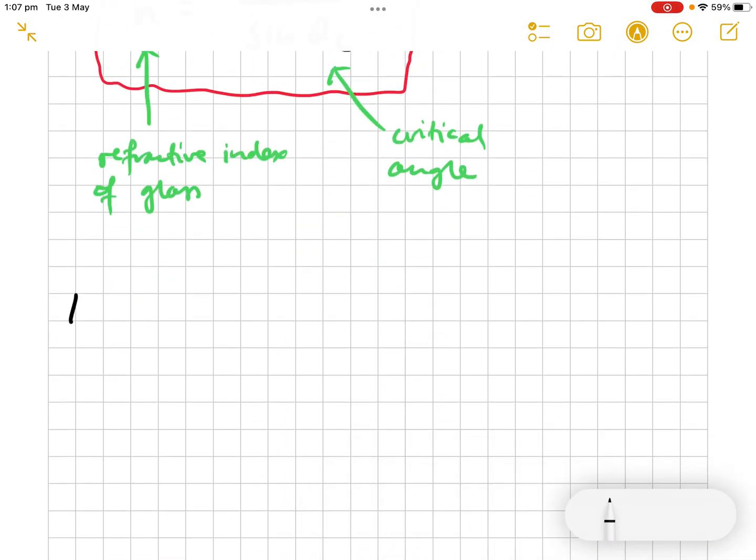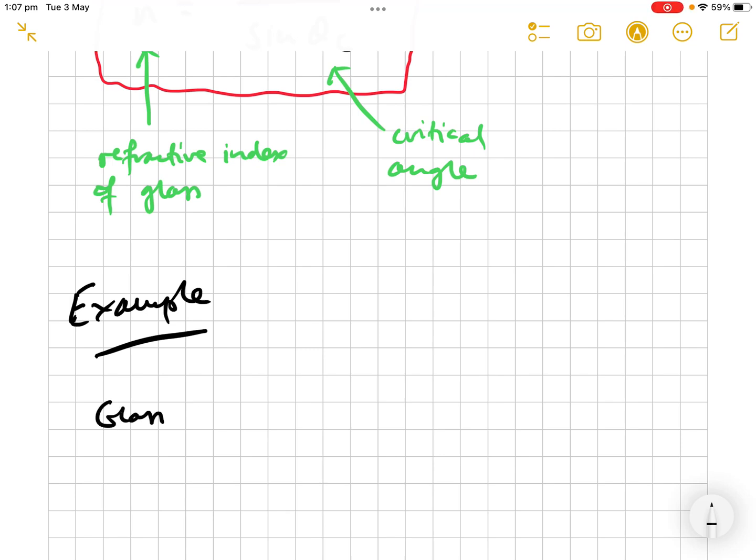Let's do an example. Glass has a refractive index of 1.5.